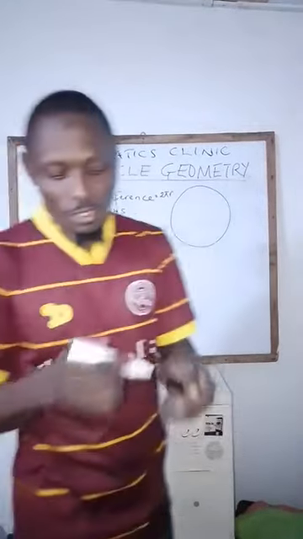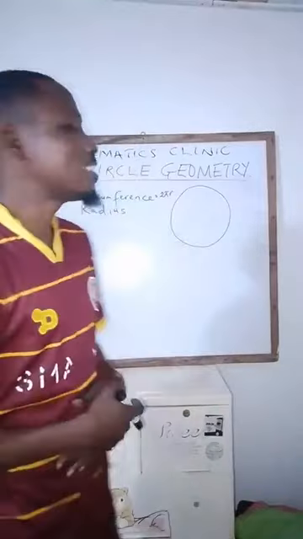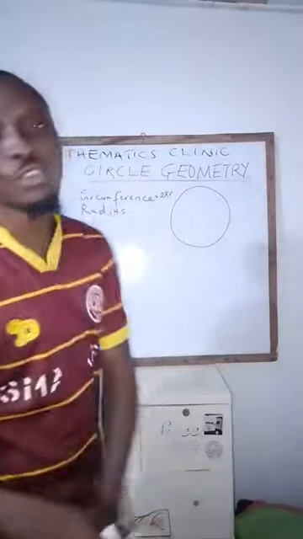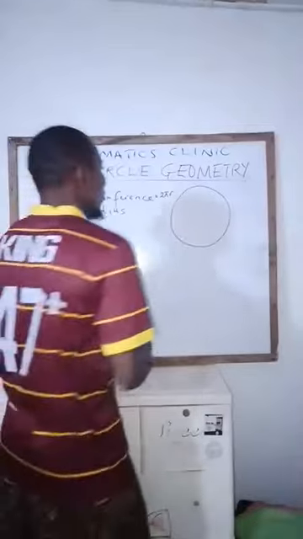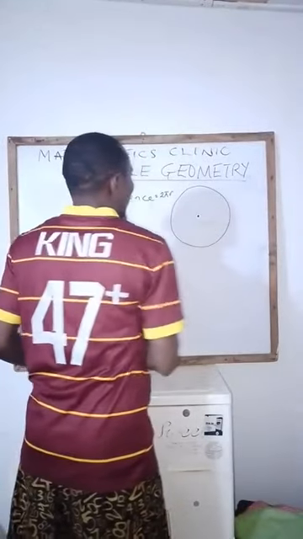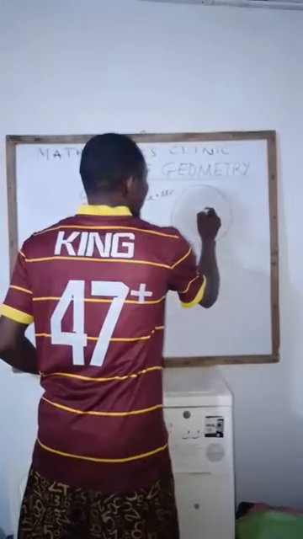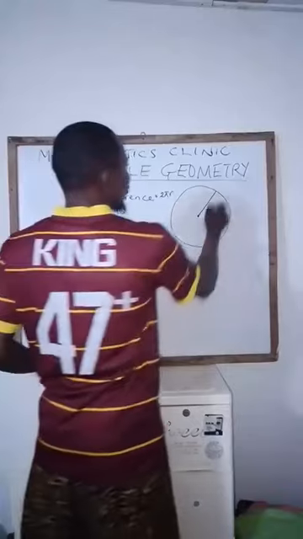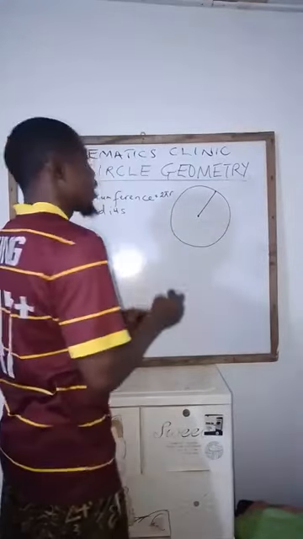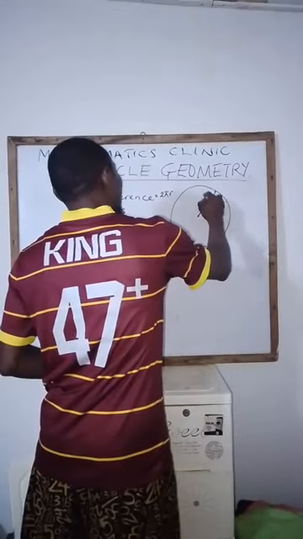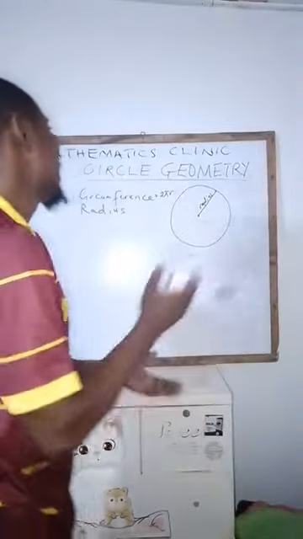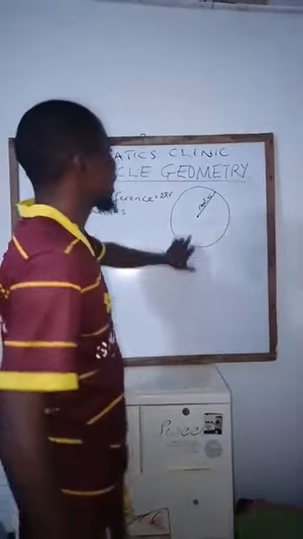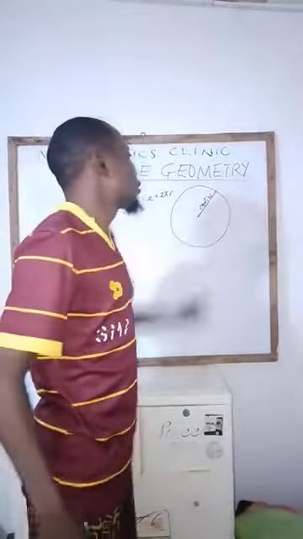So here we have that point. By the time you draw it and it touches the circumference, then you have drawn a what? A radius. Radius again is any line drawn from the center of a circle to any point on the circumference.